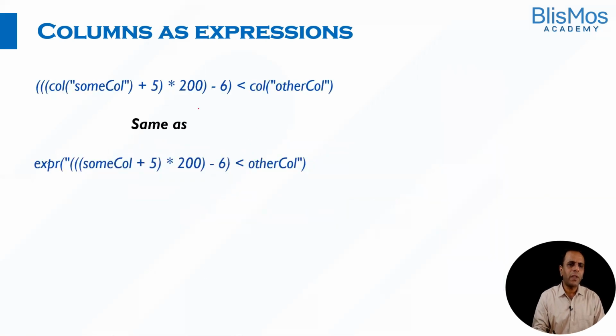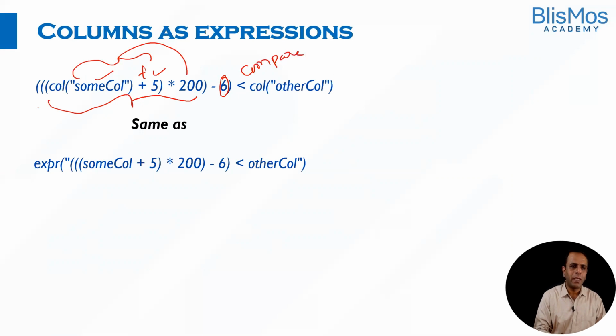In this example, what we are trying to do here is we are taking one particular column and adding 5 to that and multiplying this whole result with 200. Then this whole result is getting subtracted by 6, and that we are trying to compare with one more column. This and this are same.